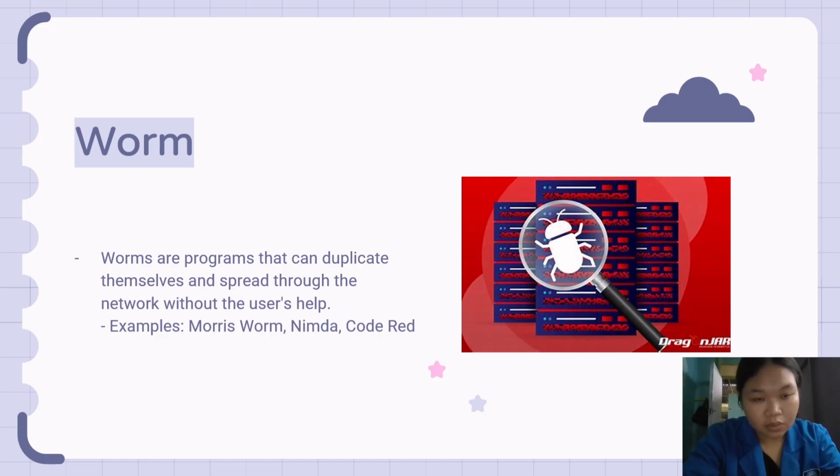Worms are programs that can duplicate themselves and spread through the network without the user's help.